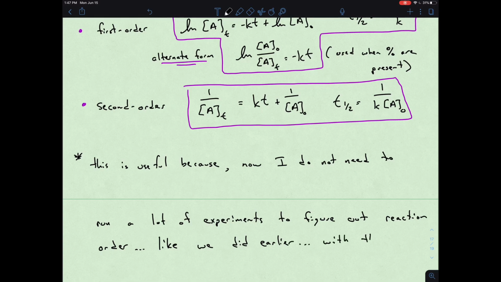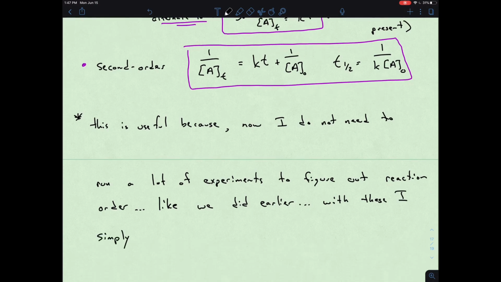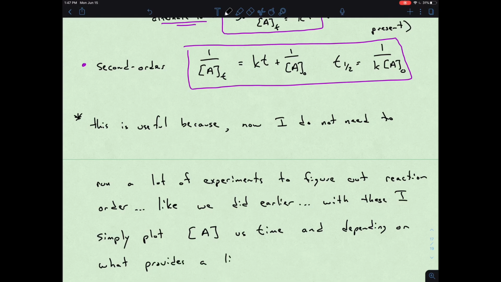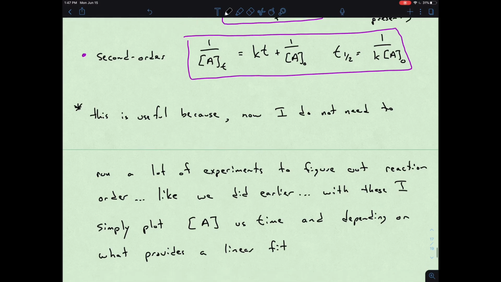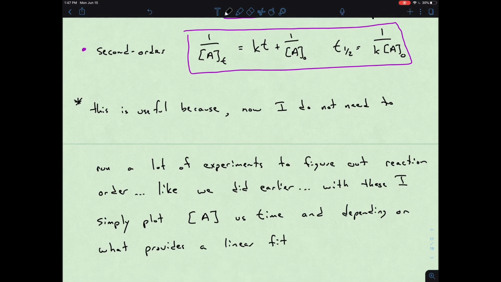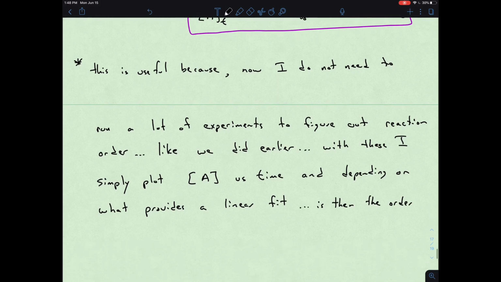With these, I simply plot my A versus time, and depending on what provides a linear fit, whatever provides a linear fit is then the order of the process.